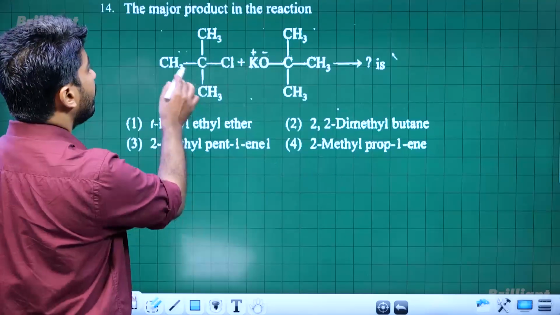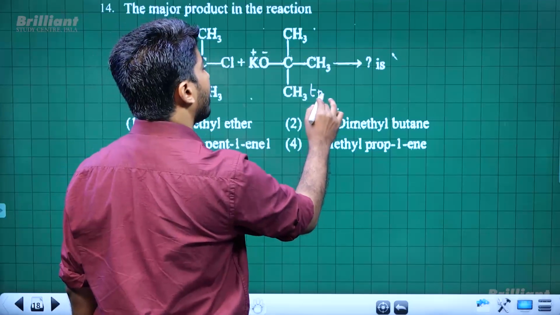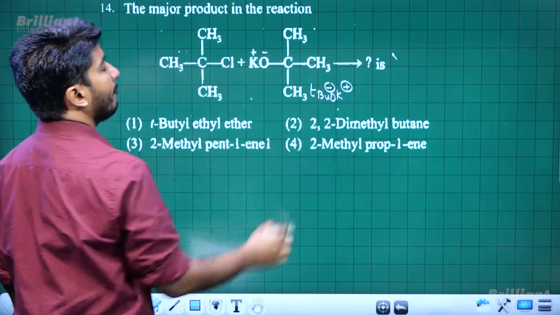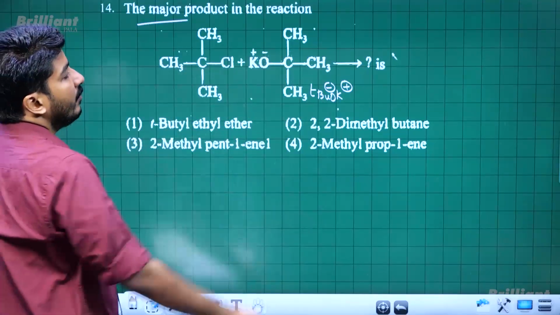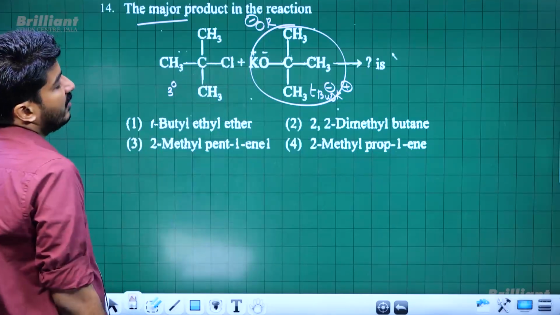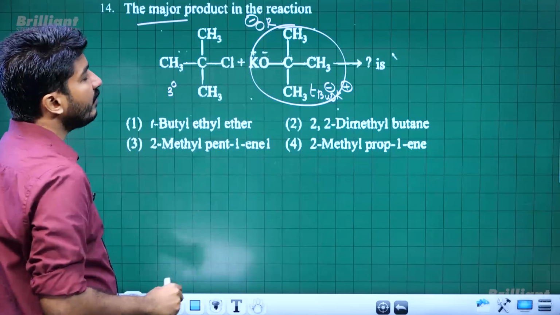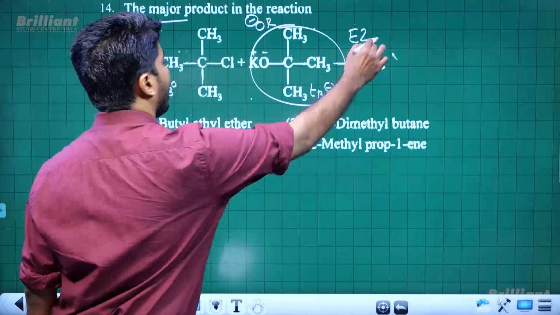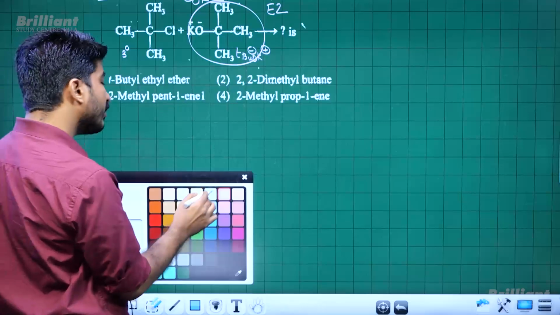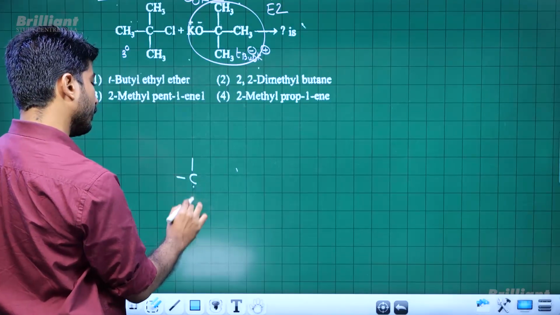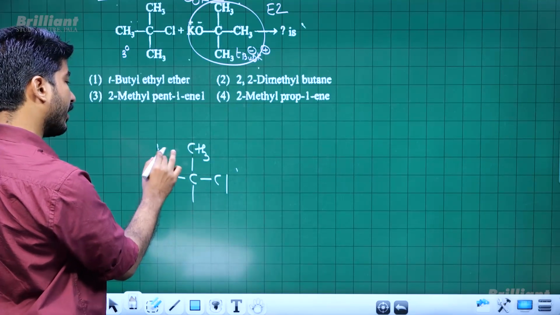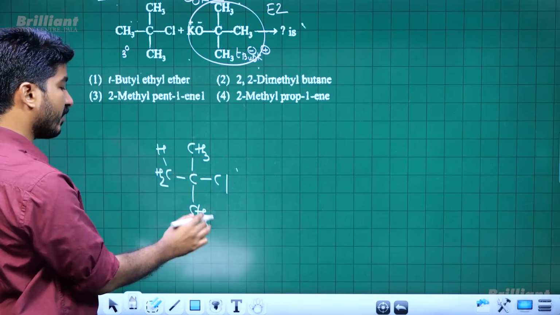Tertiary butyl chloride is taken with potassium tertiary butoxide. They are asking for the major product. We know in this place, be it any alkoxide, this is a tertiary haloalkane, right? Tertiary haloalkane with any alkoxide, we will get elimination reaction only, E2 mechanism. Let's highlight one beta carbon; all betas are equivalent.